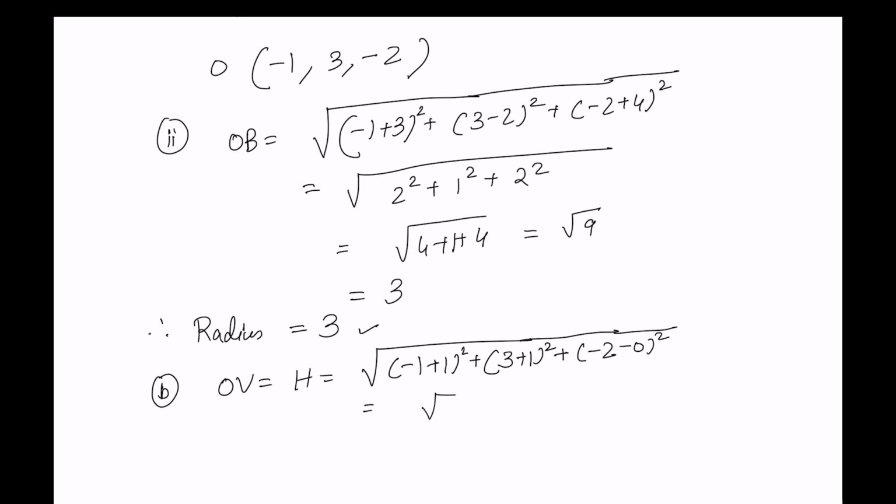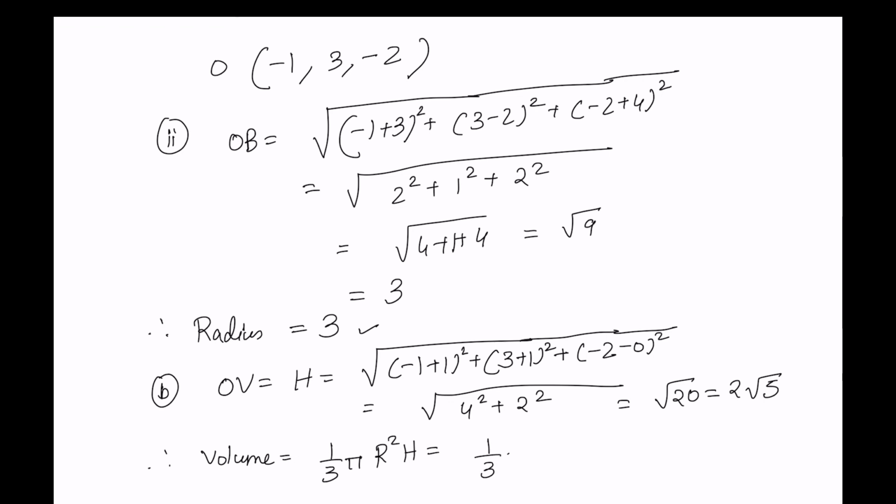If I simplify this, I should be getting 4 plus 4 plus again 2 square. So that is root 20. Root 20 is basically 2 root 5. That is the height. Therefore the volume would be equal to 1/3 pi r square h.